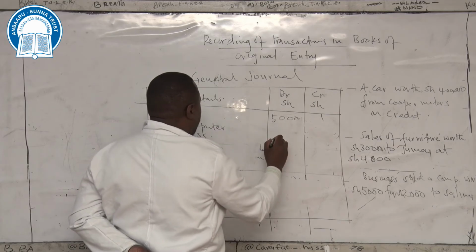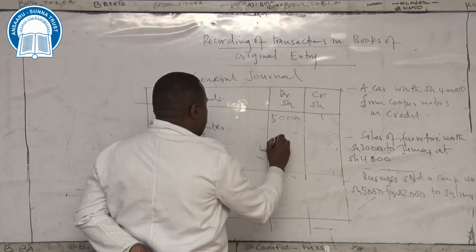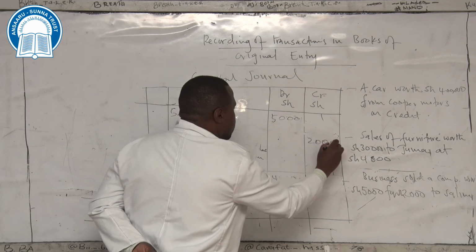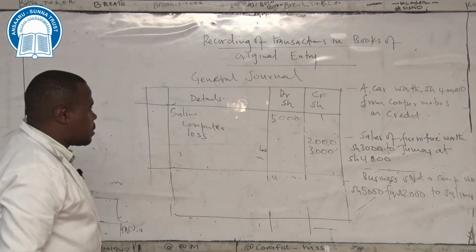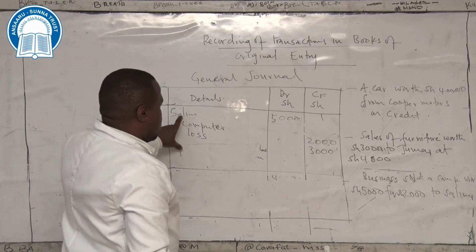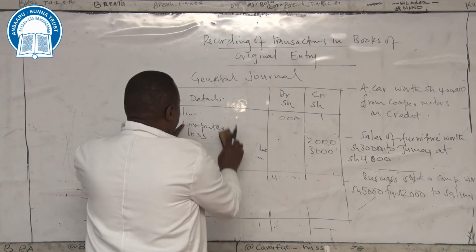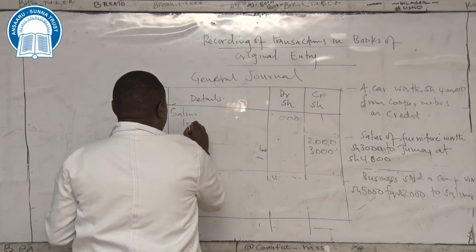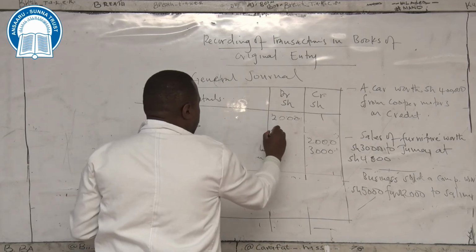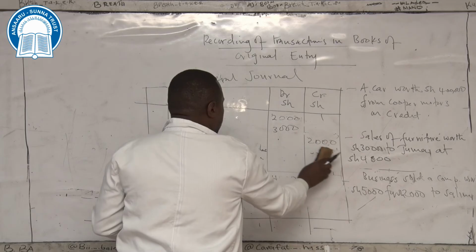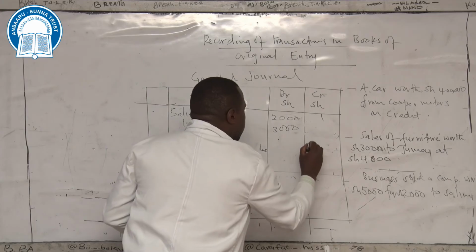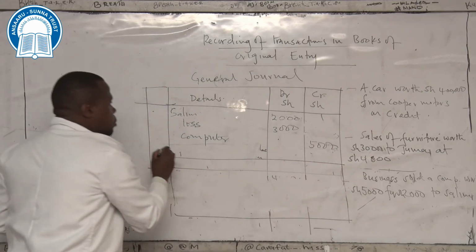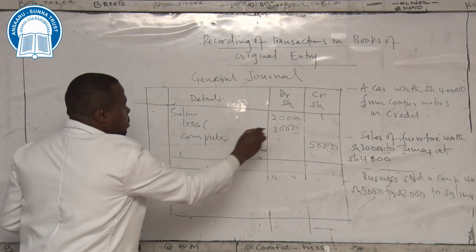Salim will gain the computer, the computer is worth 2,000, then a loss of 3,000 there. So there'll be a loss here, a loss of 3,000. The computer was worth 5,000. So that is how you're going to record that. There'll be a loss of 3,000.